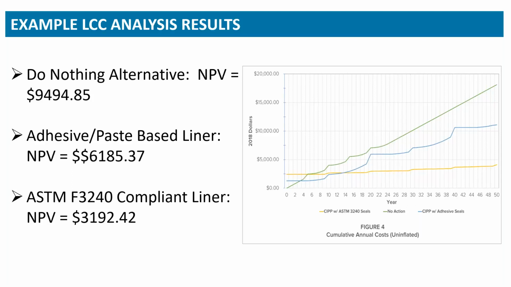Adhesive paste-based liner, just under $6,200. And the irony, because of effectiveness, the third option, the F3240 compliant liners, are the best value on an NPV basis and on an uninflated basis at just under $3,200.